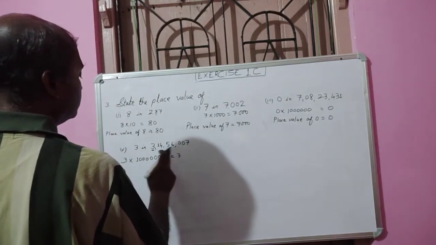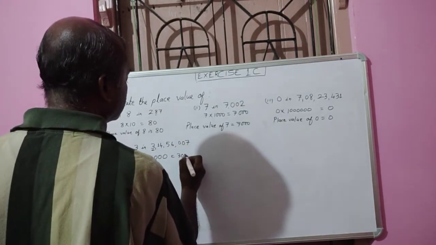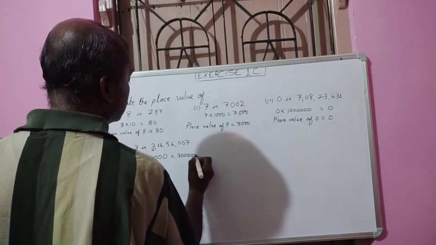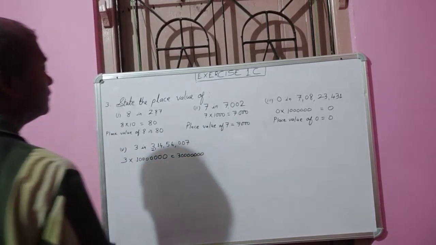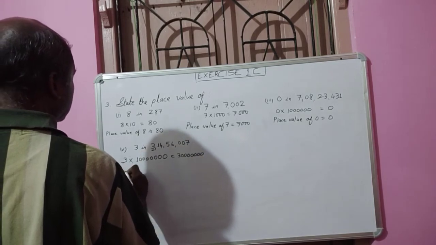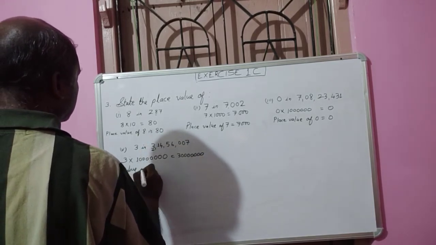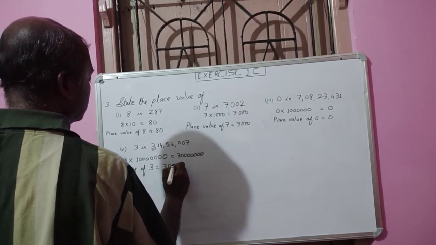So 3 ones are 3, and that many zeros you write again. 7 zeros. 1, 2, 3, 4, 5, 6, 7. So place value of 3 is 3 crore.